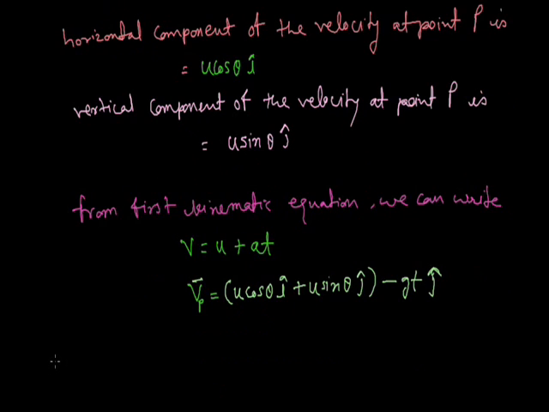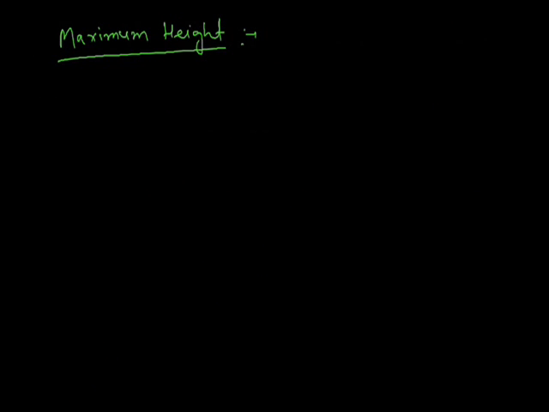If we find the velocity, we can find the maximum height. We already know that at maximum height, the vertical component of the velocity will be 0. Then from the third kinematic equation, v square equals u square plus 2as.